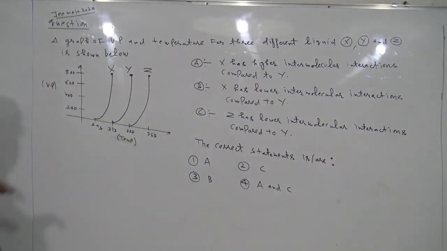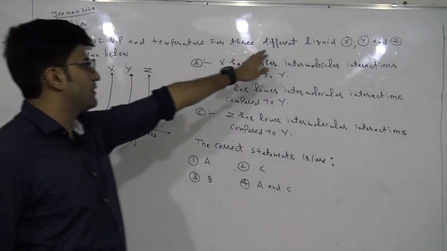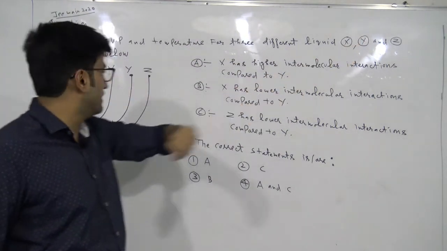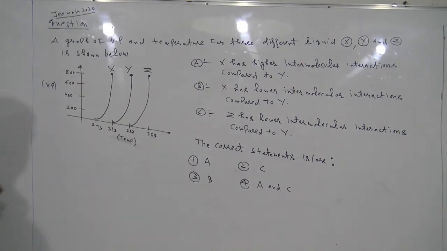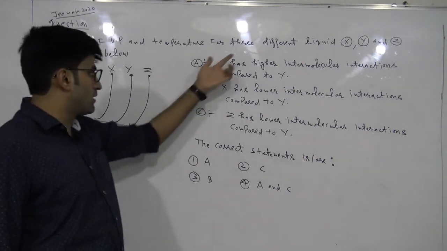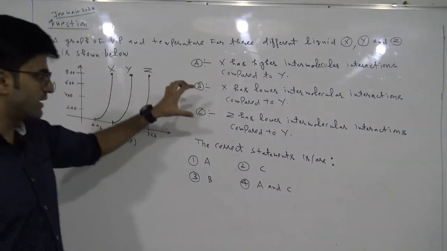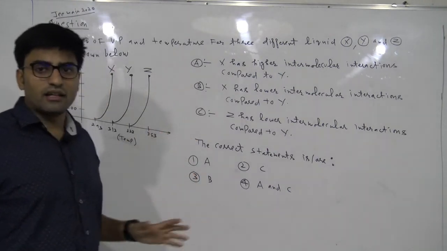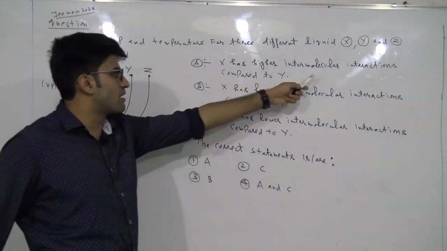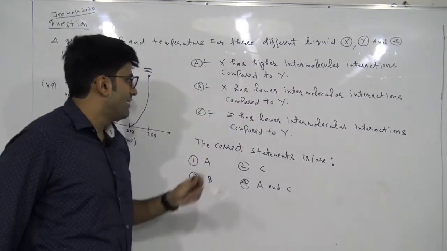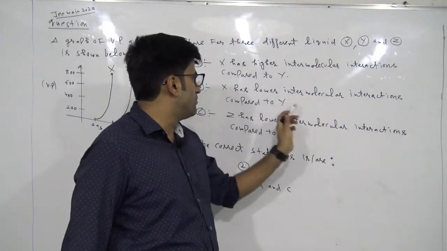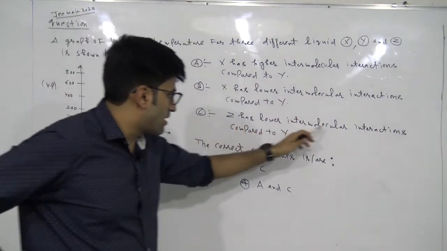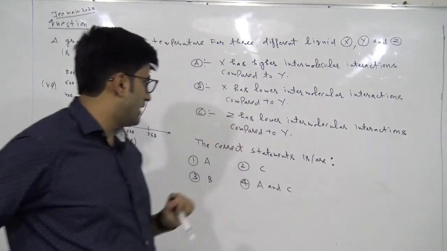So the question is, a graph of vapor pressure and temperature for three different liquids X, Y and Z is shown below. Okay, so this is the graph for the three liquids X, Y and Z. And these are the statements given to you: X has higher intermolecular interaction compared to Y; X has lower intermolecular interaction compared to Y; and Z has lower intermolecular interactions compared to Y, right?